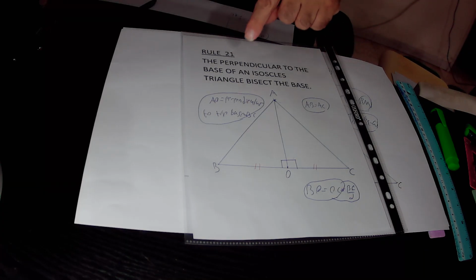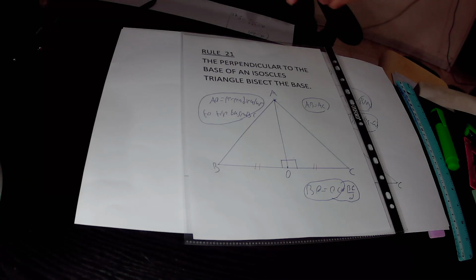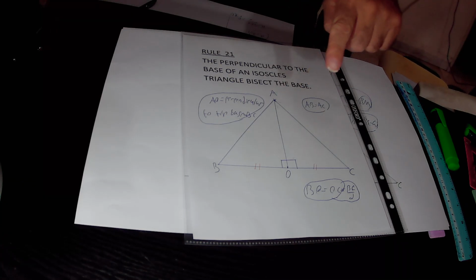So in the drawing, we have the isosceles triangle ABC. Triangle ABC is an isosceles triangle because side AB equals side AC. We draw the perpendicular AO to the base BC.